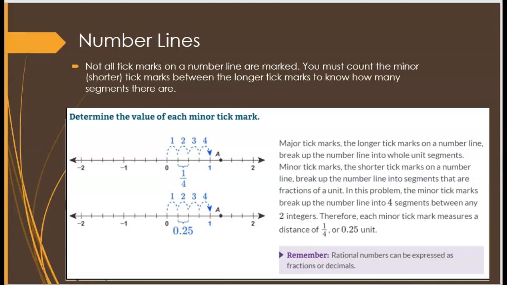Okay, 1/4, 2/4, 3/4, 4/4. And remember, 4/4 is the same as 1. Okay, 4/4 is the same as 1 whole. All right? So just remember that.